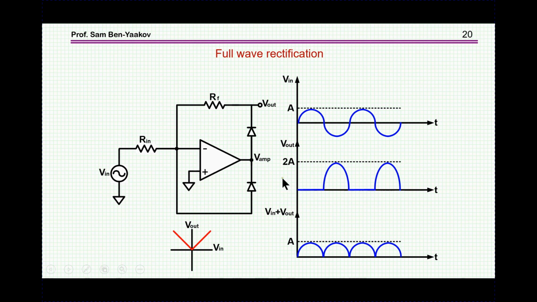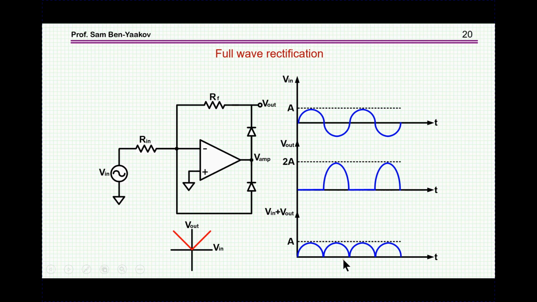When you add to this sinusoidal waveform a half-wave rectified waveform with twice this amplitude, you'll get this. That is, here you'll get the original waveform, and here this negative plus twice of it positive gives you again the waveform.